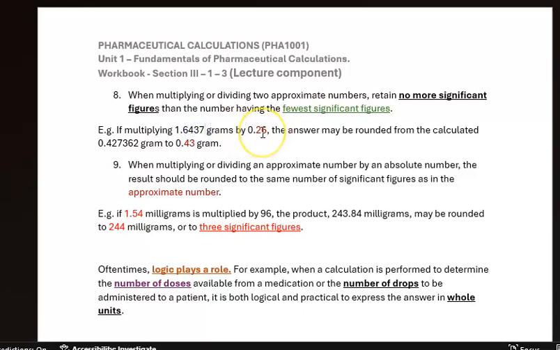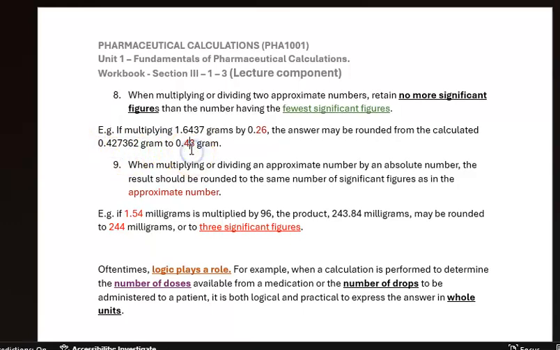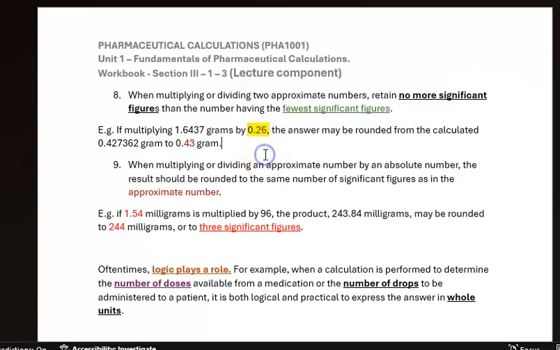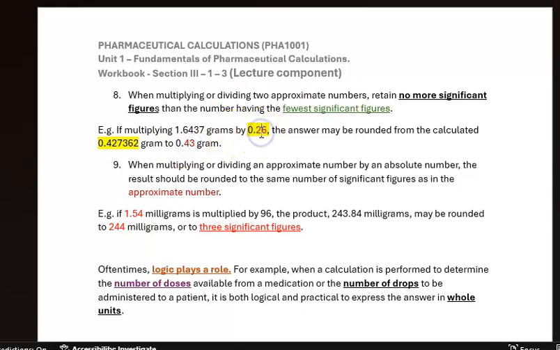We're going to multiply by 0.26. And these are the numbers that we get for your answer. But we will round it to 0.43 because 0.26 has the fewest number of places of decimal. So our answer would not be this long number, no. Our answer would match the one with the smaller number of decimals or significant figures.